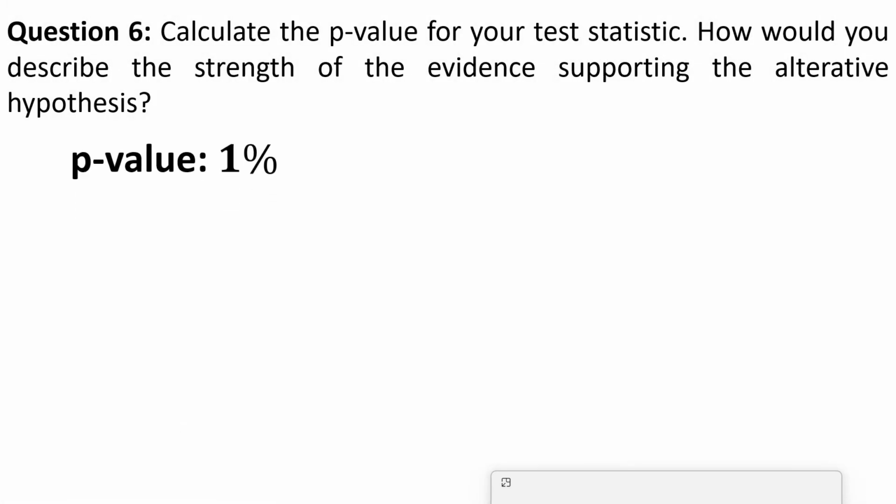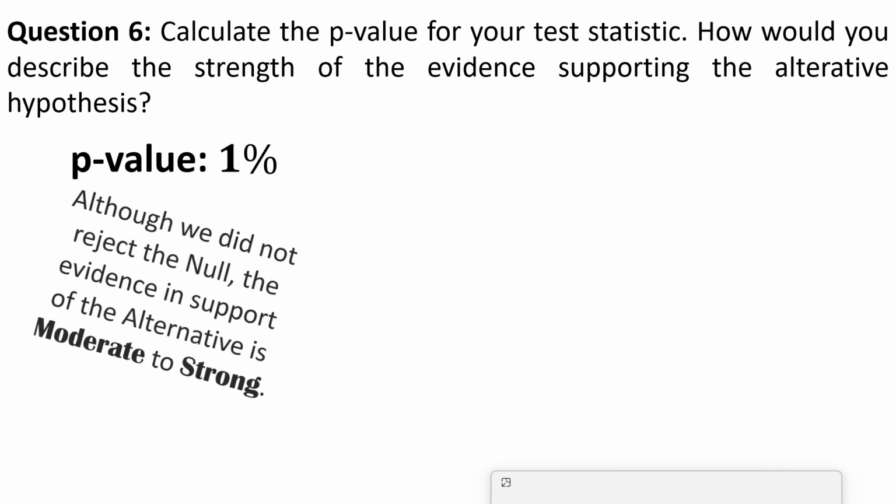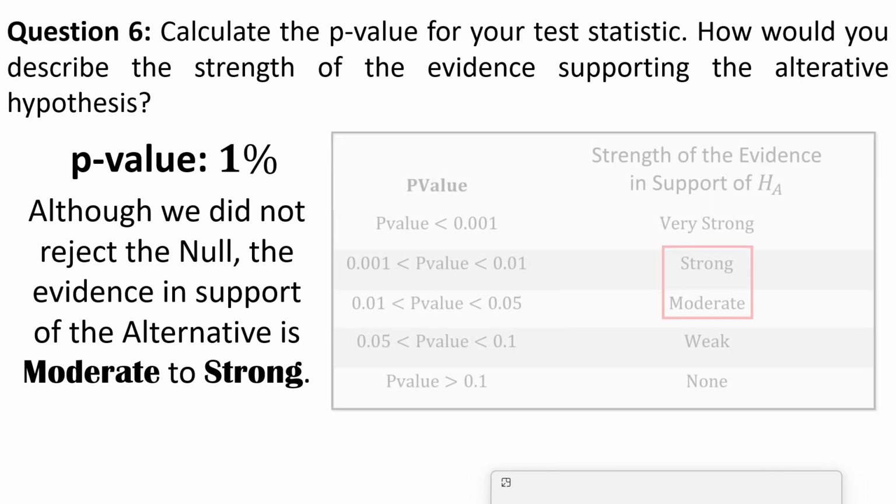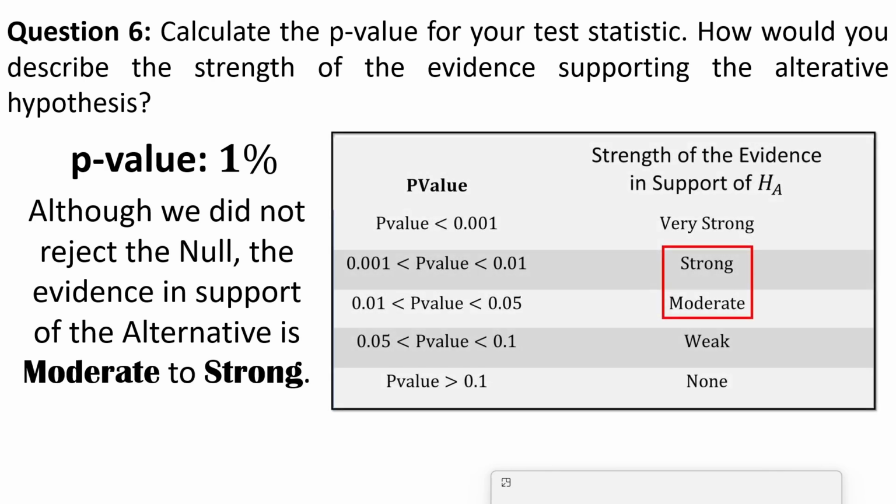So here the p-value does not require calculation because we know the area to the left of minus 2.33 is 1%. So the p-value is 1%. And when you look at our table with the adjectives to describe the strength of the evidence in support of the alternative, you can see that 1% is on the boundary between strong and moderate.